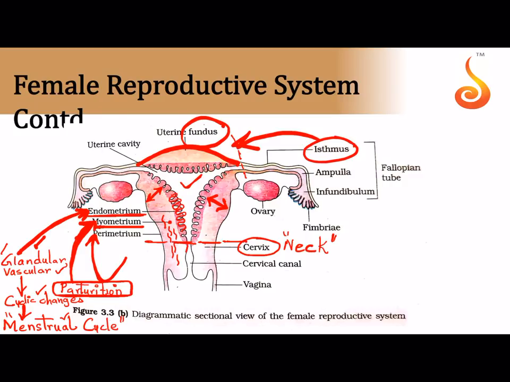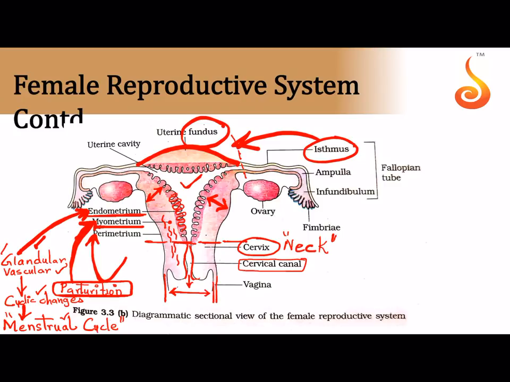All right, and can you see that there is a canal inside? This canal is referred to as the cervical canal. So the cervix is the neck of the uterus enclosing a canal that is referred to as the cervical canal. And all of you observe the cervical canal opens into a broader canal here, and this canal is called the vaginal canal.